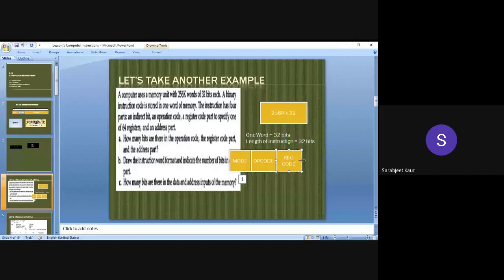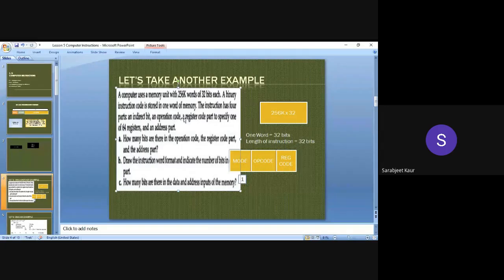That code which will point to a particular register, that means its name basically, will be known as the register code. Is this clear or not? Yes, ma'am.